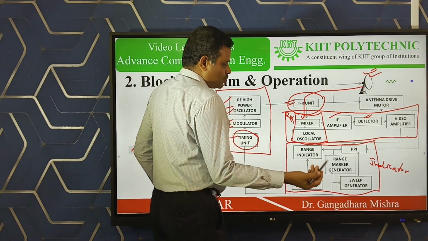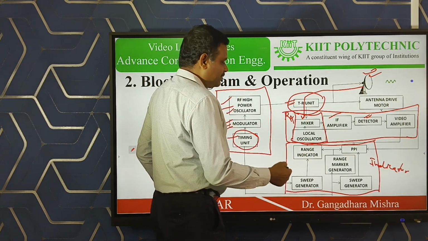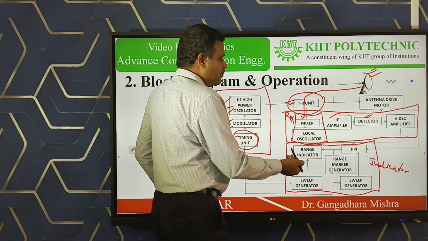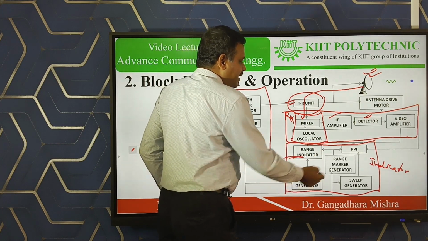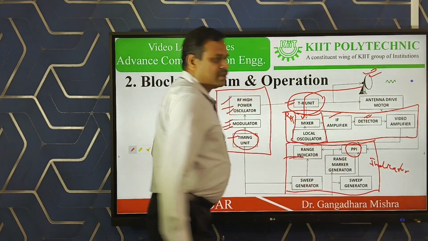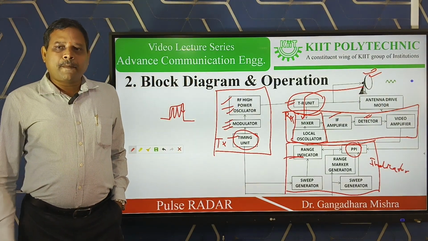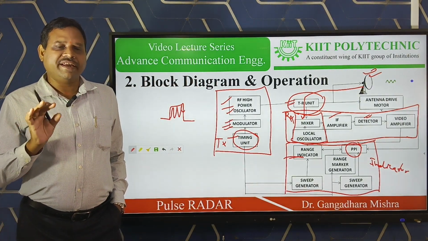As we have shown in this small diagram, I have only shown two types of indicators. One is the range indicator, the second is the PPI. PPI stands for plan position indicator.